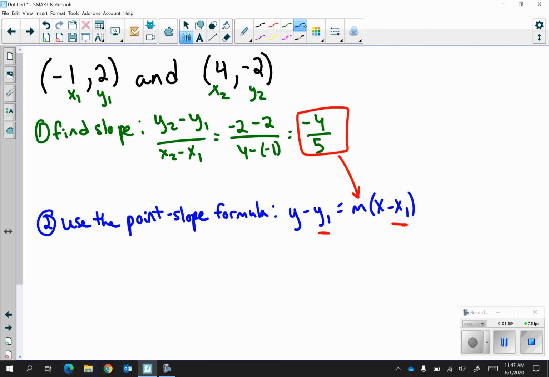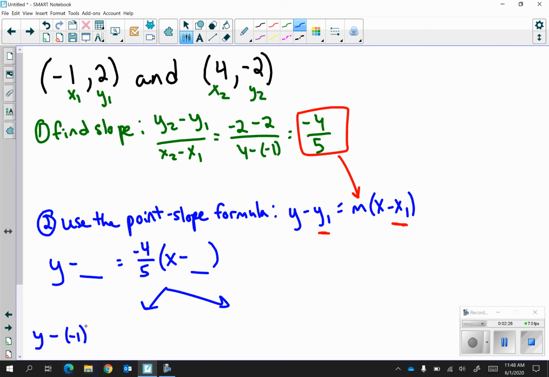So now I have y minus something is equal to my slope times x minus something. And we know the slope is negative 4/5. So all you have to do is insert the coordinate. Now you have two coordinates, which is why I was saying you could have two different answers. Your first answer with the first coordinate would be y minus negative 1. Oops, sorry, that is your x value. I want my y value.